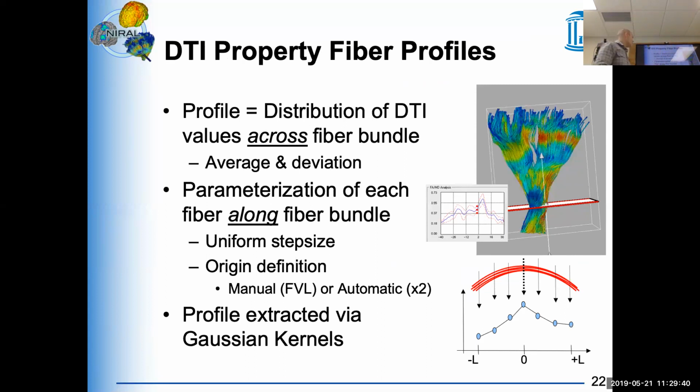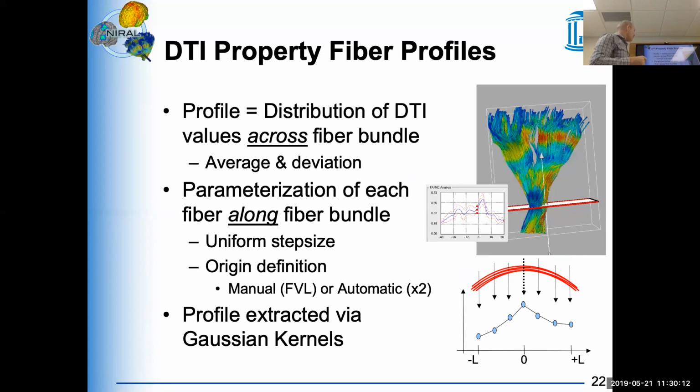And that's done using an arc length parameterization, meaning we start at a given location, given cut plane, and any tract cutting that plane, that's location 0 for that fiber. And then we just walk along the tract and say any distance away from that center, that's the correspondence along the tracts that we're going to get.